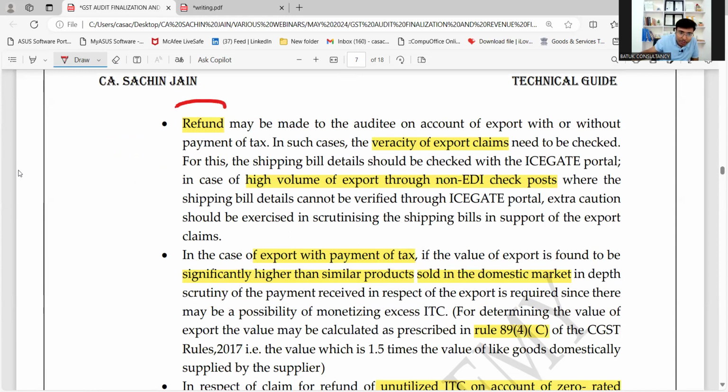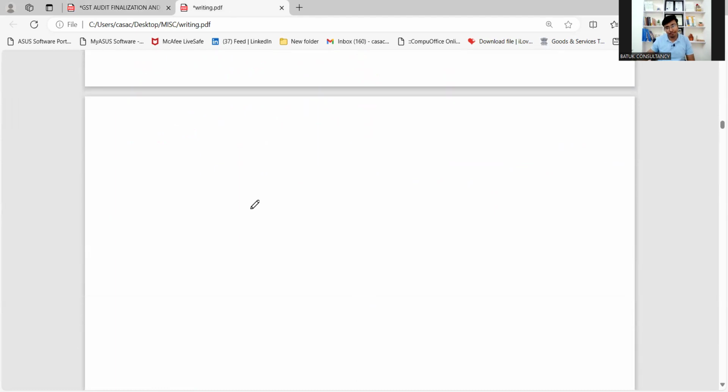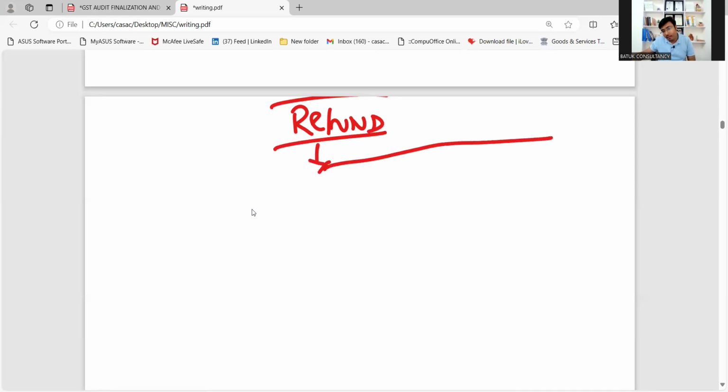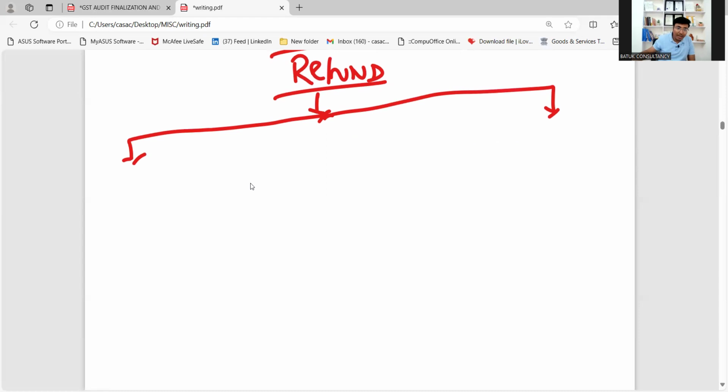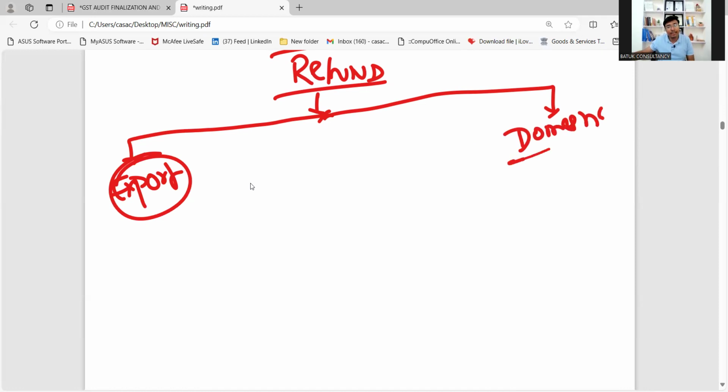Whenever you are going to do the audit of a particular entity who has claimed the refund, in that case, we know basically there are two situations in which I can file a refund application. One is in case of export, another in case of domestic, that is inverted duty structure.